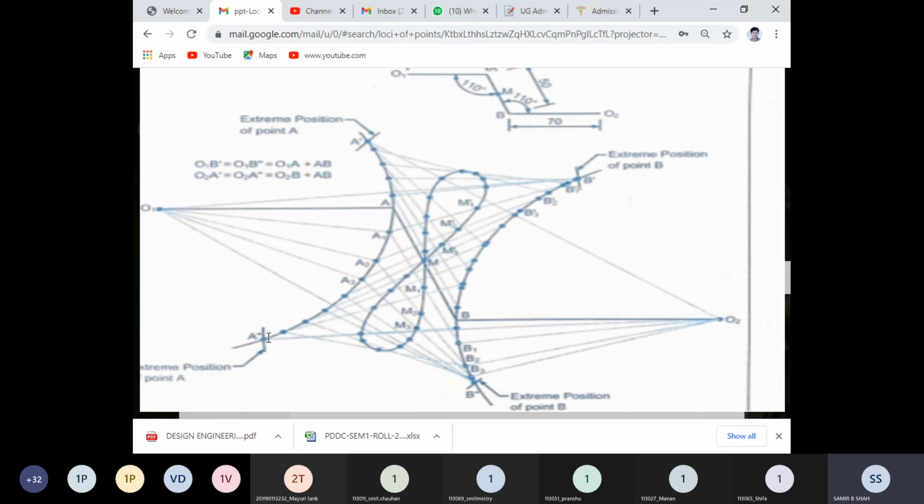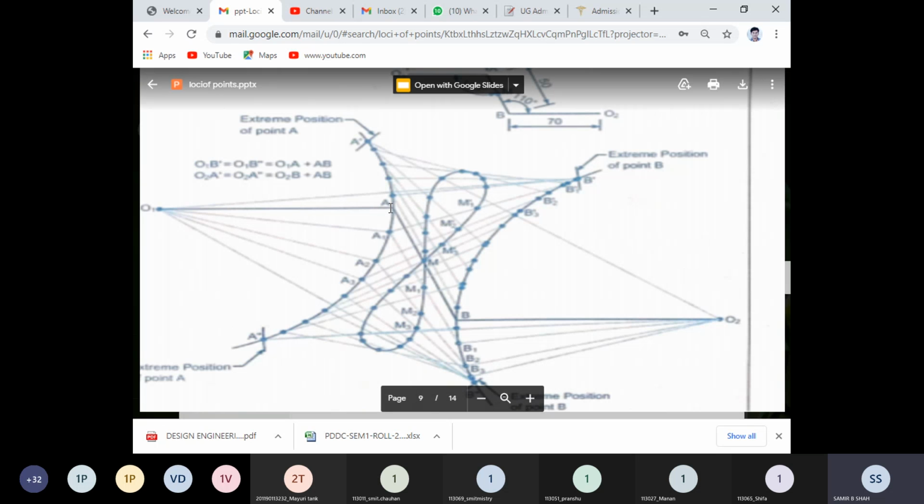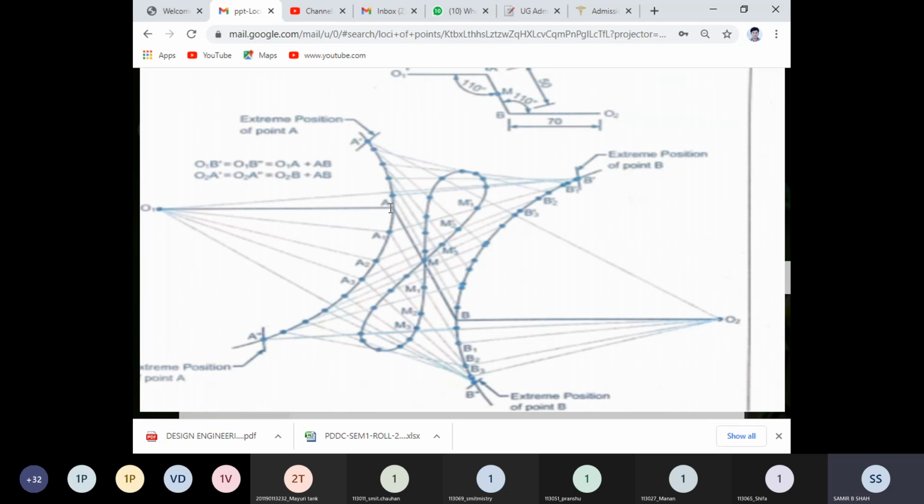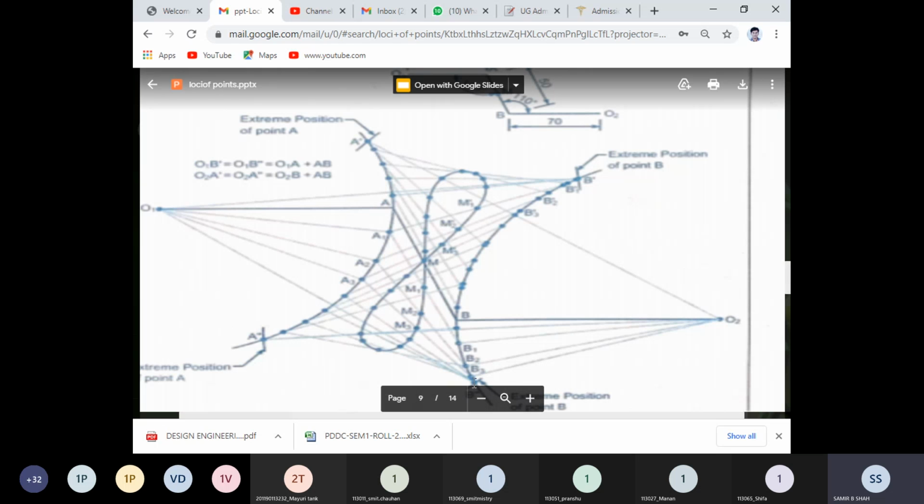We have to not go beyond this. This is the limit, the constraint, beyond which we must not go. So for that we have to draw the lines from O1 and O2. Now, as we have seen in the diagram, the AB line is there, and one line passes from O1 A double dash and O1A.